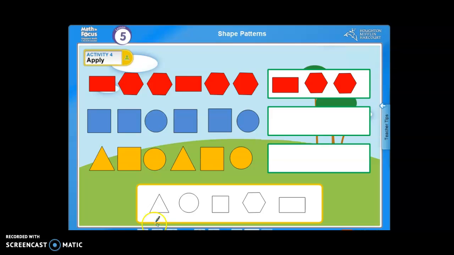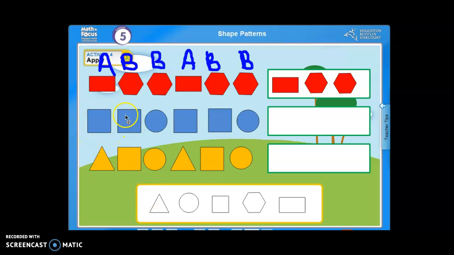What kind of pattern is this? So this is A, and then this is a new shape, so it's B. Is this the same or different? This is the same. So what kind of pattern is this? It's an A, B, B pattern. And if we kept it going, it would be A, B, B. Very good.